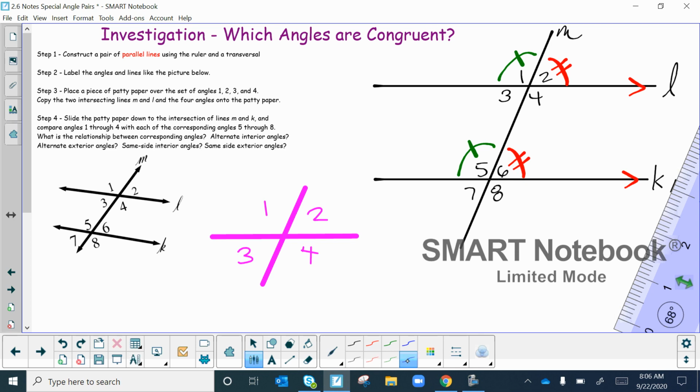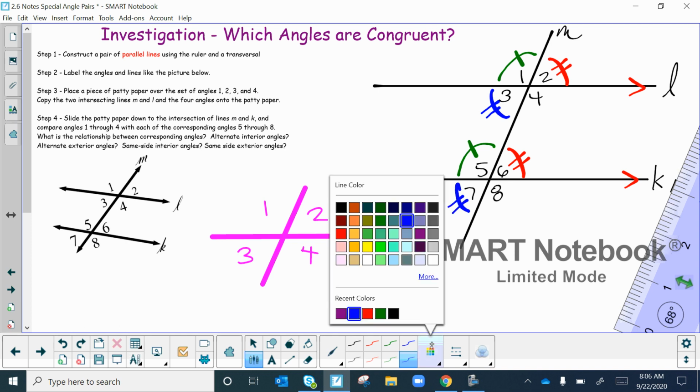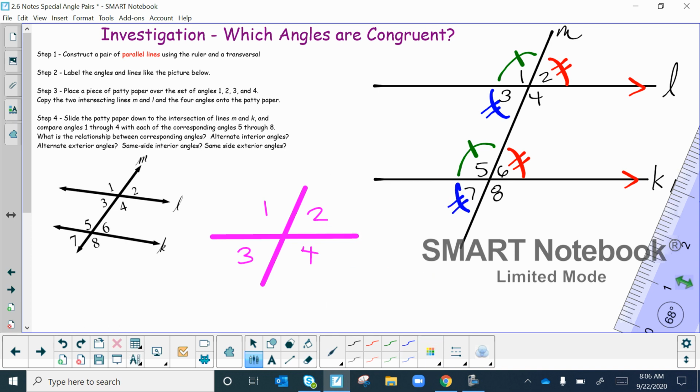Angle 3, which is the same as 2, right? Because we just learned that those are vertical angles. So I'm going to put 2 tick marks there, but use the blue. But 3 was the same as 7. And then the last one, angle 4, which is the same as 1 because 4 and 1 are vertical, and we learned that vertical angles are always congruent. That one was the same as 8.